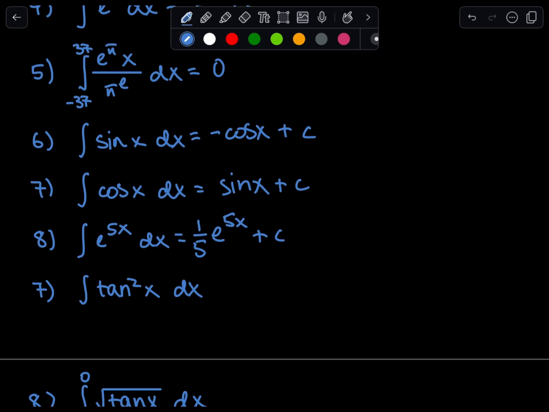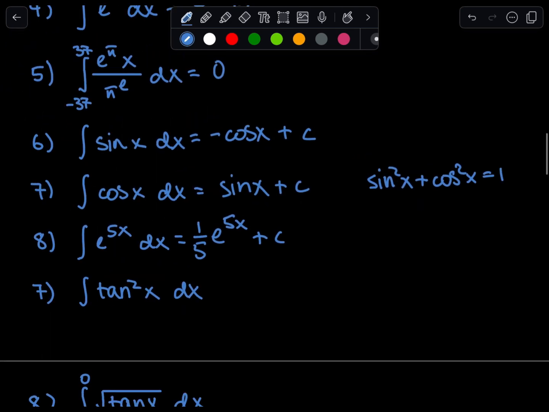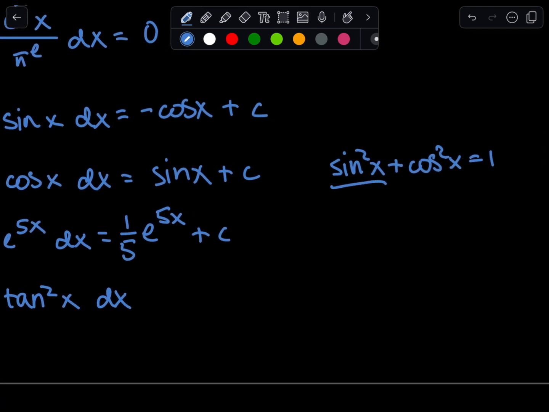So to derive it, we start with sine squared of x plus cosine squared of x equals 1. This is just Pythagoras' theorem in a unit circle. So we can divide both sides by cosine squared of x.